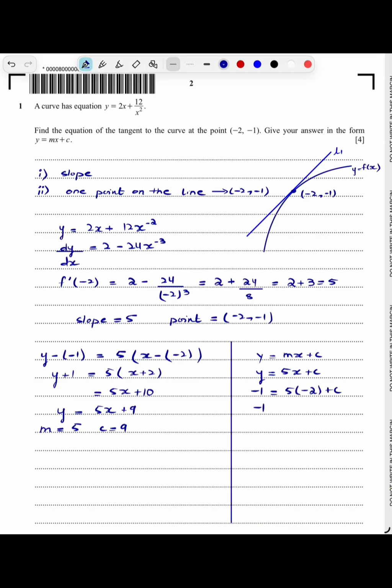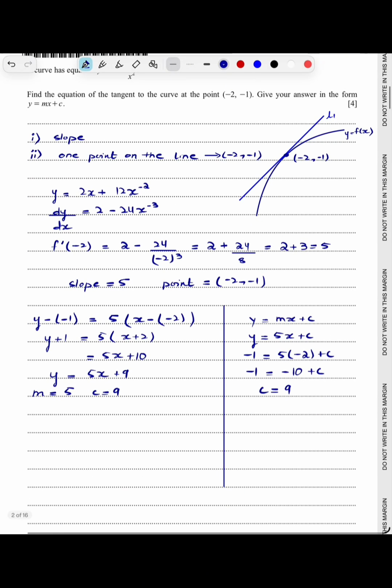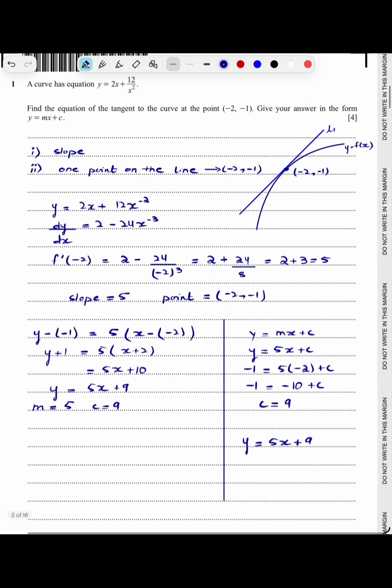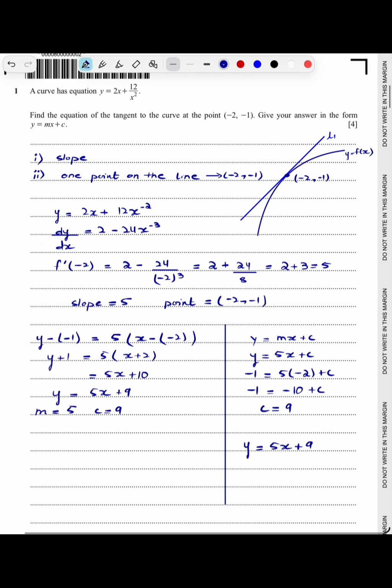So we'll get -1 equals -10 plus c, and therefore we'll get the value of c equal to 9. So if you want, you can use this method as well. Somehow right now this looks easier. Anyhow, both will do, and you'll score equal marks using both methods. So there you have it. This is question number 1, worth 4 marks.